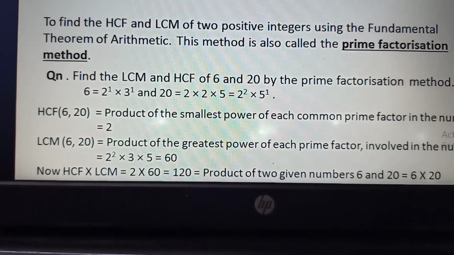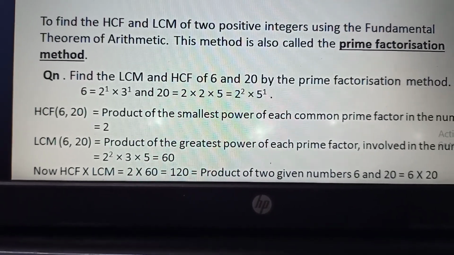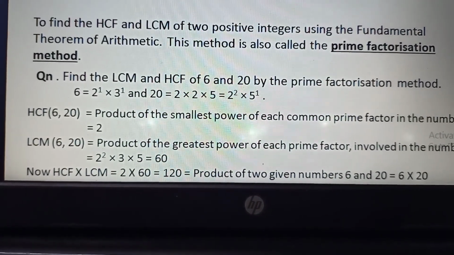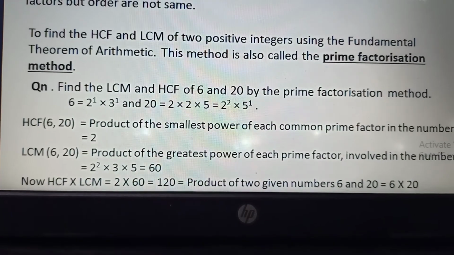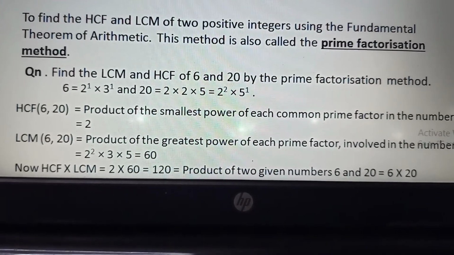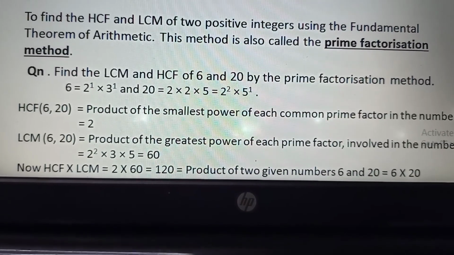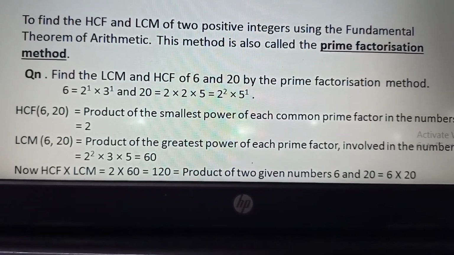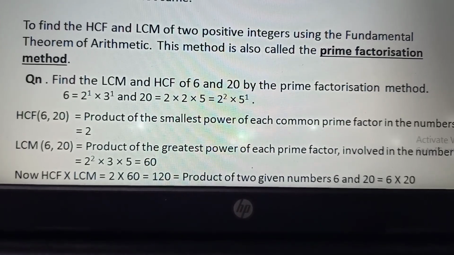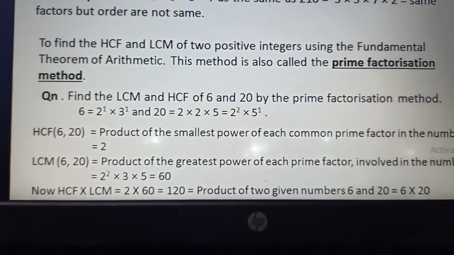For each prime factor, the product of the greatest power. That is, the product of the greatest power of each prime factor involved in the numbers will be the LCM. Now you get HCF is 2 and LCM is 2 square into 3 into 5, which is equal to 60.